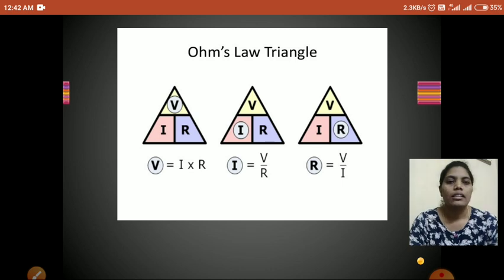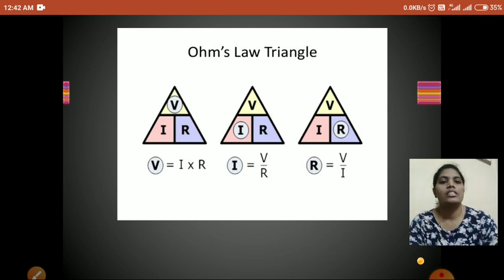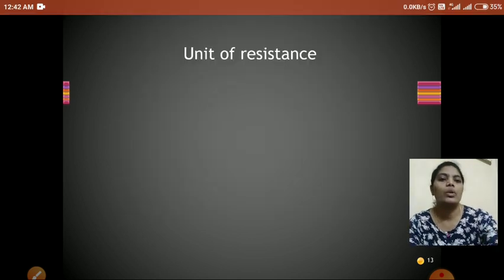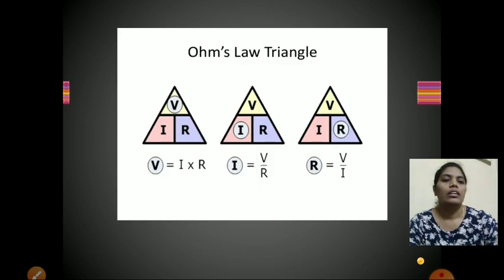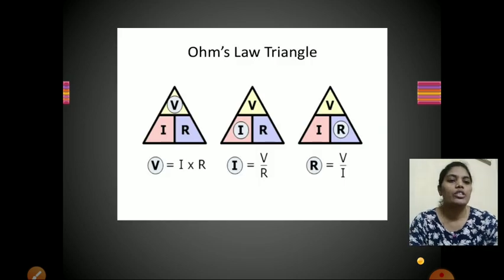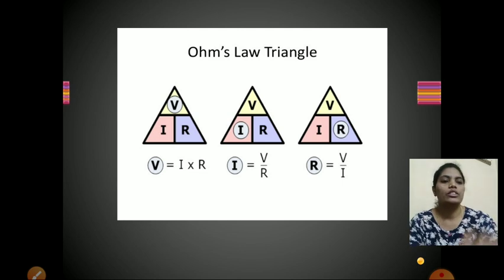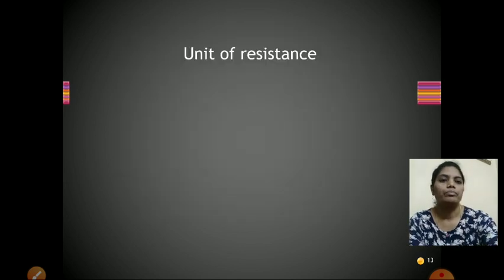Once again, remember these three formulas: potential difference is expressed as V equals I into R, and I is equal to V by R, and R is equal to V by I.